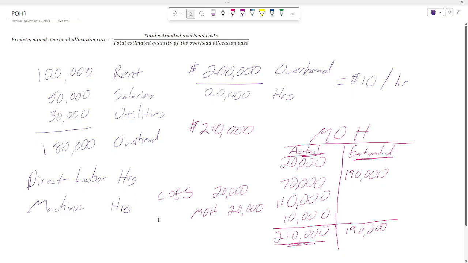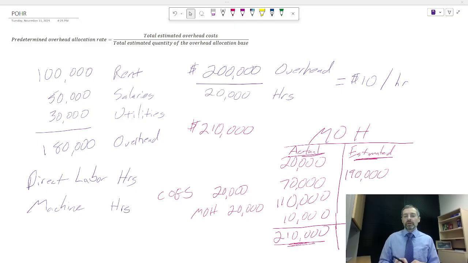This easily could go the other way. Sometimes we will have more estimated costs than actual costs, so we'll have to reverse this, where we debit manufacturing overhead to get the balance to zero and credit cost of goods sold. All right, so this cleanup entry is the final step in the job costing cycle. And all year, we use an estimate to apply overhead to jobs. Again, that is when we are crediting manufacturing overhead.